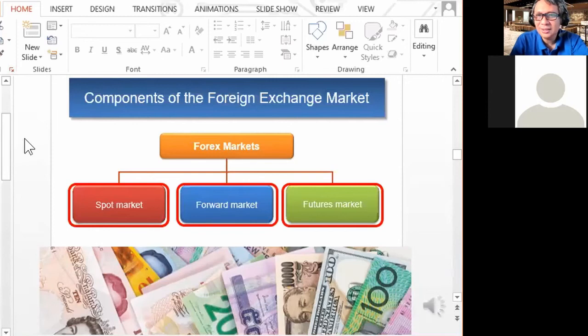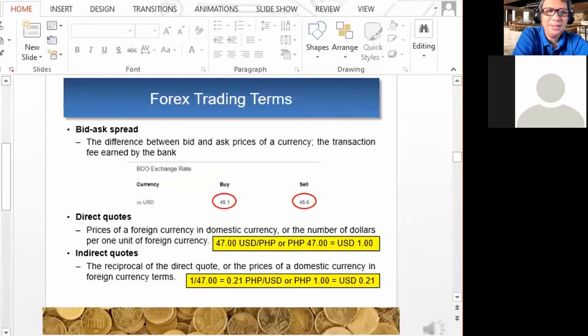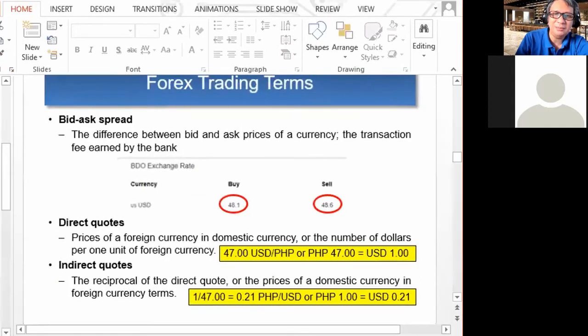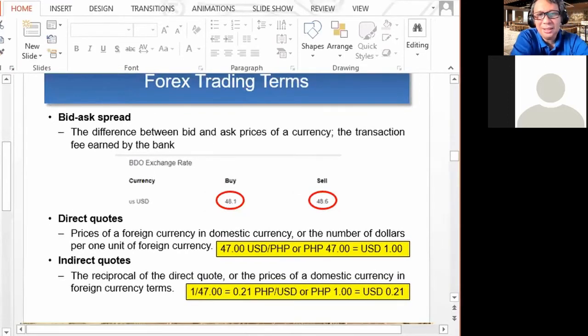Clear tayo dyan, ha? Now, let's talk about some very common terminologies in foreign exchange when trading with foreign exchange. Okay, so yung bid-ask price, madalas nakikita natin ito sa banks. The bid-ask price. Diba? So when you enter a bank, they will buy your US dollar, no, at 48.